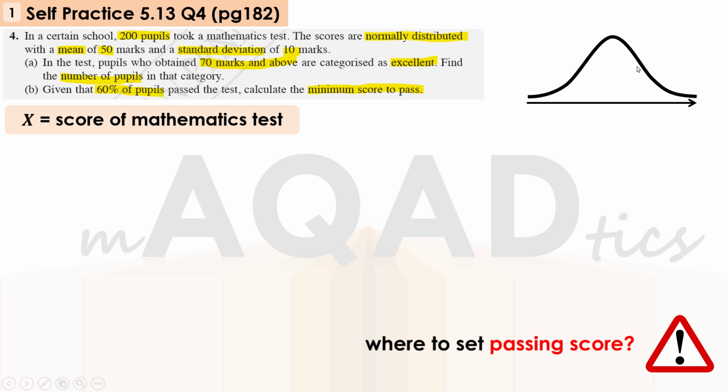So now we are trying to sketch the area where it covers 60% of this graph. To start sketching, I would choose from the right side, because these are the students who have a higher mark, so they will surely pass the test. Another thing is, if I split this graph by half, here all the way to the right side is 50%, here all the way to the left side is 50%.